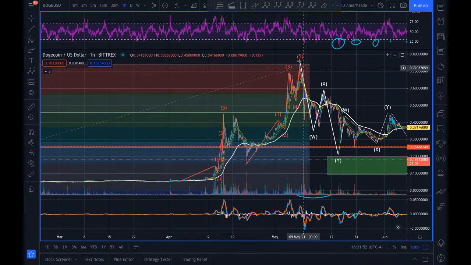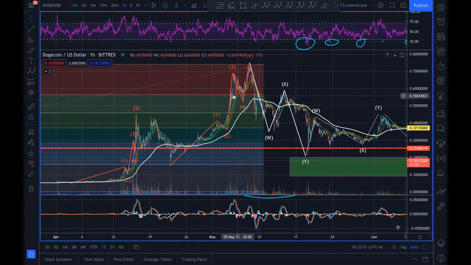And then I got out at the top of the 3 because I thought that was the top. I thought there's a subwave right there that was wave 4. But it was still pretty good. Getting out at the top of wave 3 is actually a good strategy because sometimes wave 5s never go on to a new top.